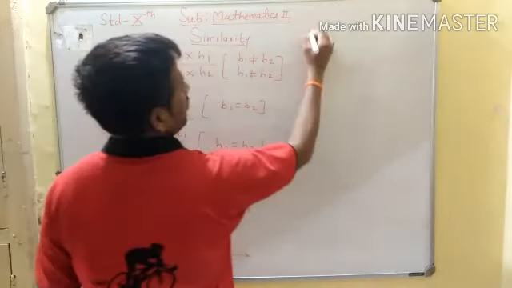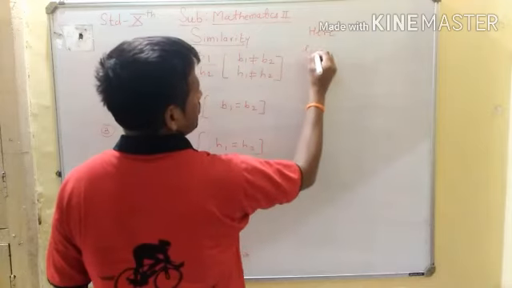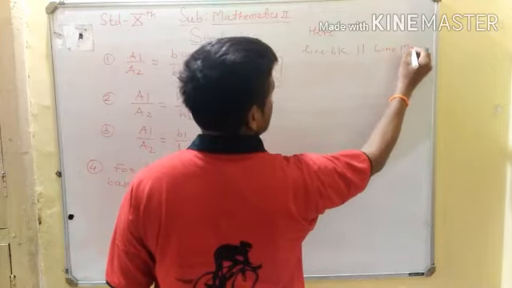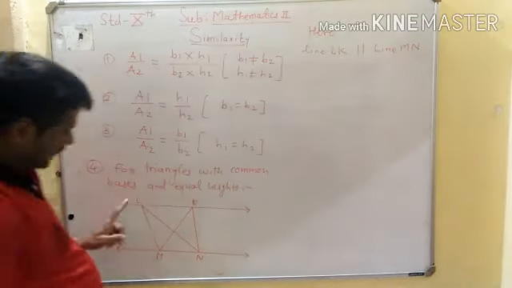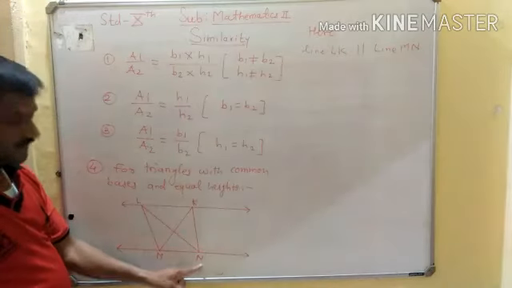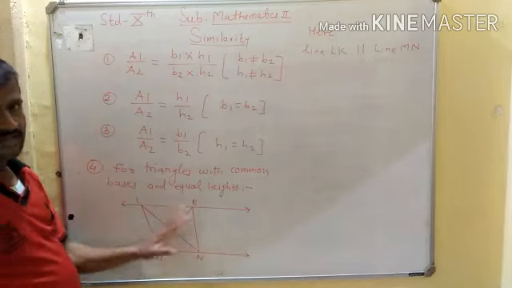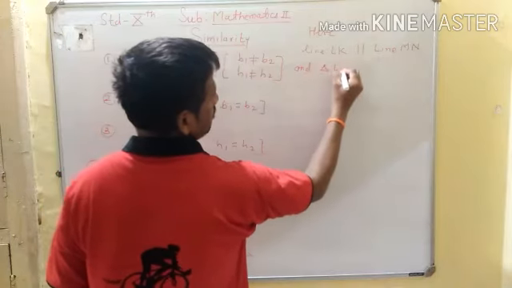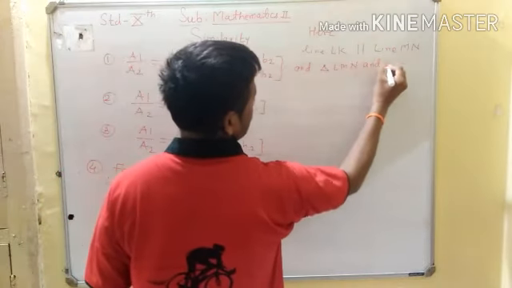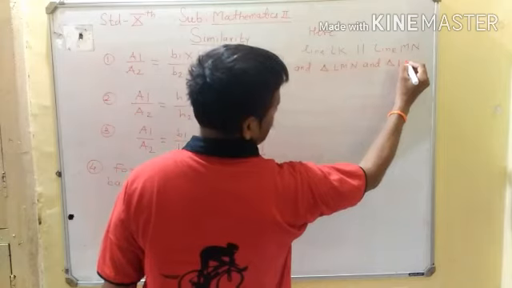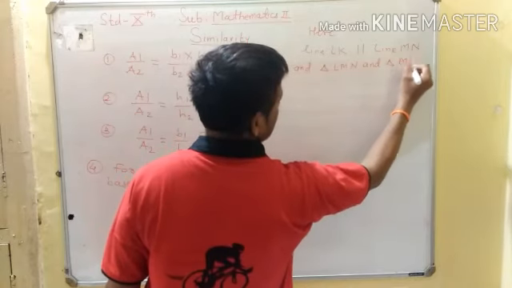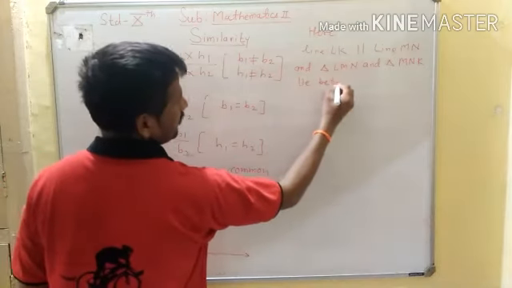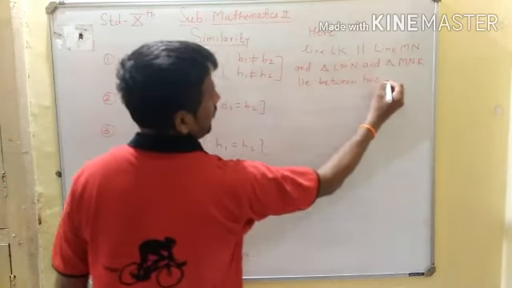That means here line LK is parallel to line MN, and the vertices of triangle LMN and triangle KMN lie on the parallel lines, and triangle LMN and triangle MNK lie between two parallel lines.